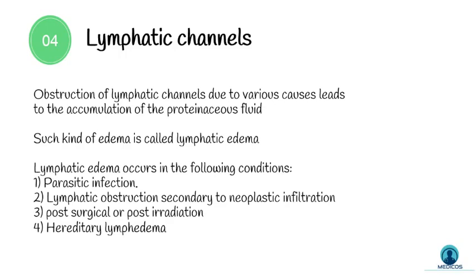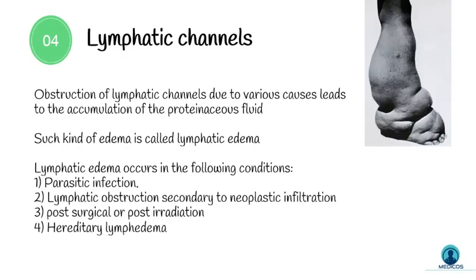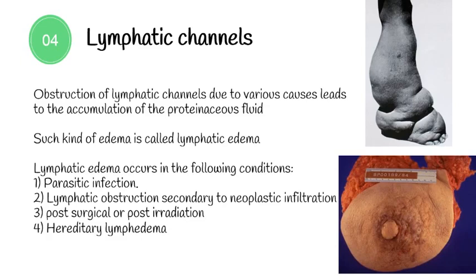For example, parasitic infection like filariasis, which is caused by Wuchereria bancrofti, and this causes massive lymphatic and inguinal fibrosis. Or it might also occur in lymphatic obstruction secondary to neoplastic infiltration, like breast cancer. As you know, around 75% of breast cancer metastasizes into axillary lymph nodes, so it might also occur in this setting.